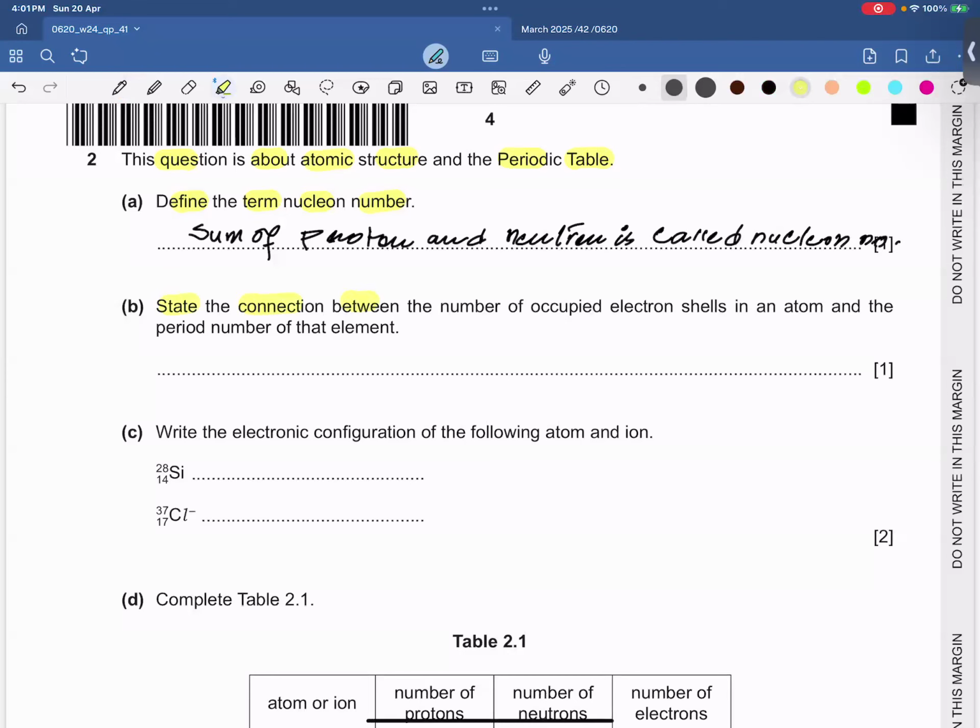State the connection between the number of occupied electron shells in an atom and the period number of that element. So the number of shells an element occupies represents the period number.